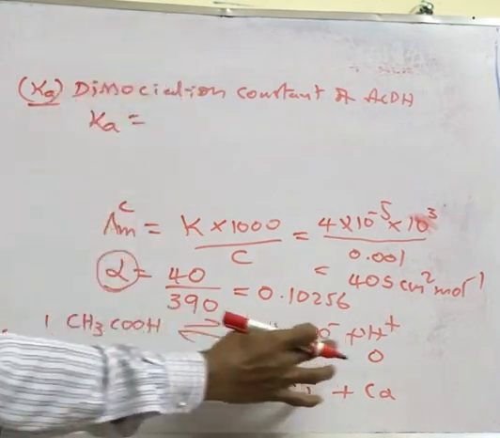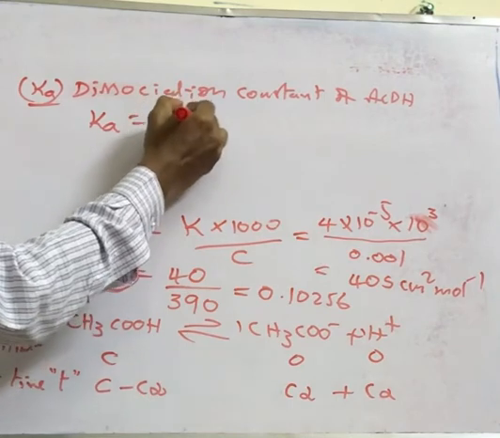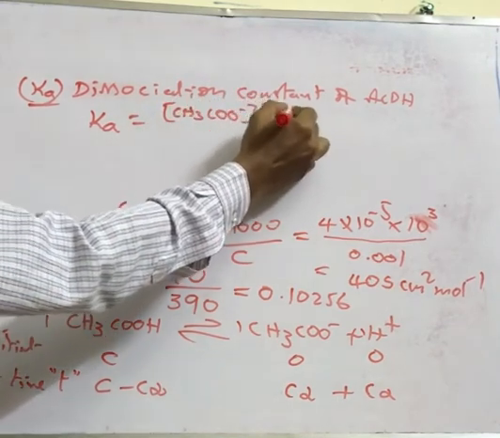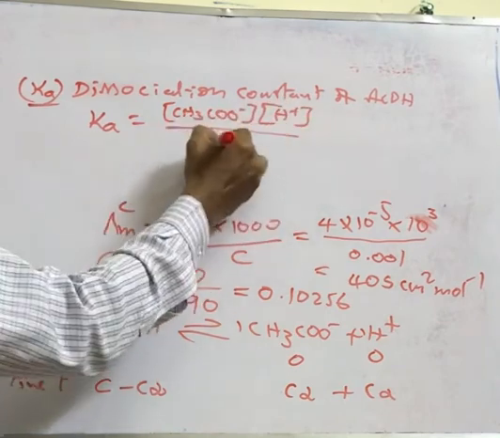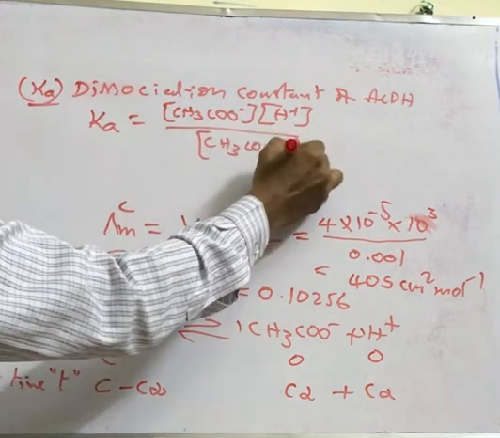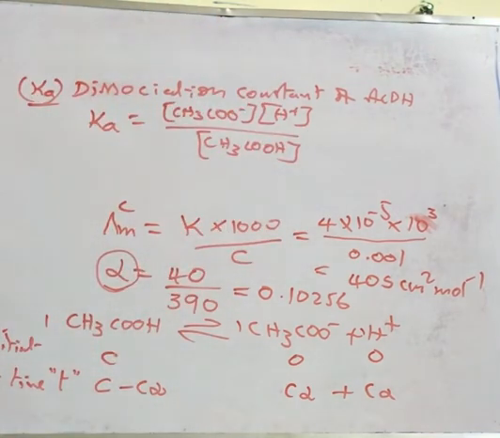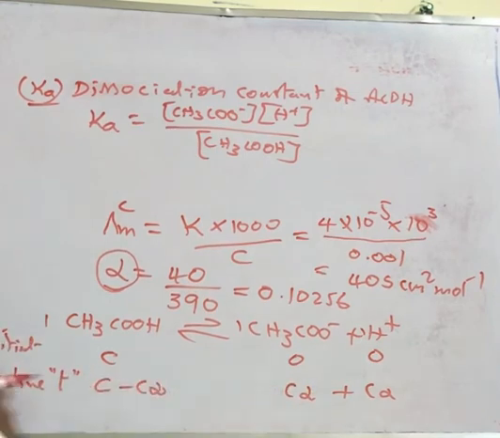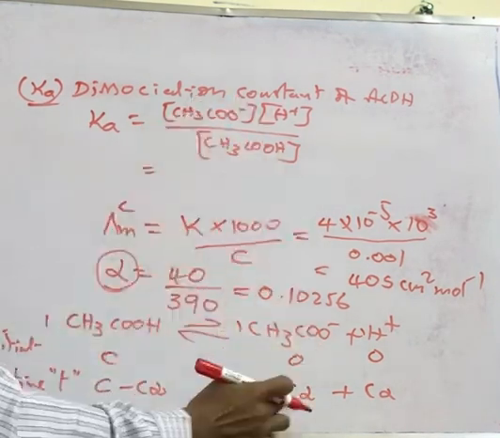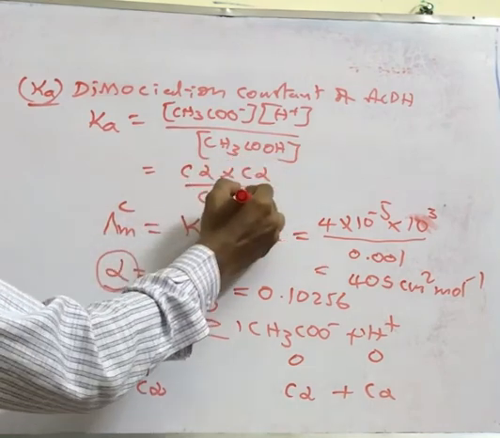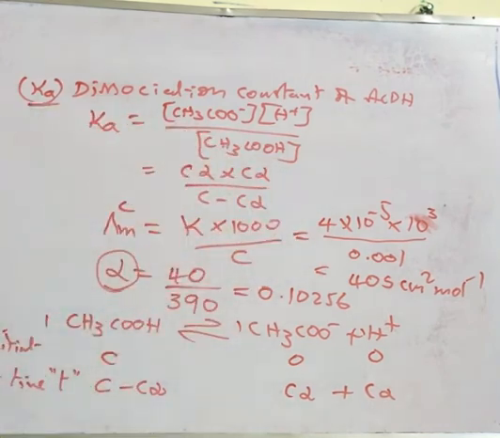That is the concentration of CH3COO minus multiplied by the concentration of H plus, divided by the concentration of acetic acid CH3COOH. Clear? Now you know these concentrations at time t. You substitute them. CH3COO minus is C alpha, multiplied by C alpha, divided by C minus C alpha.